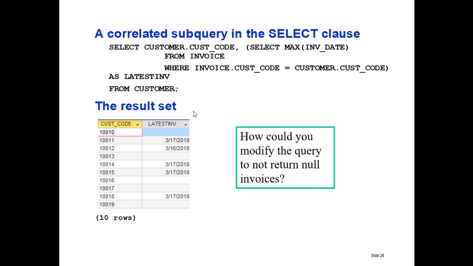So for each customer, it's finding the largest invoice date, the most recent invoice date in that table. Customer here inside the subquery, meaning it's correlated. Now notice it did return nulls for those that did not have a matching invoice, like an outer join.